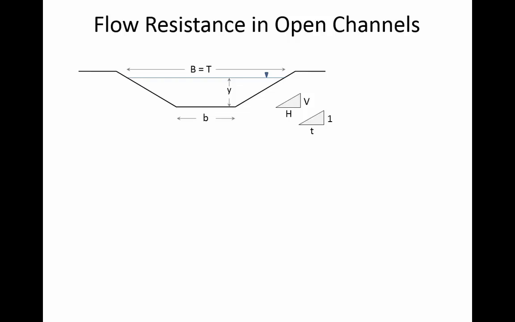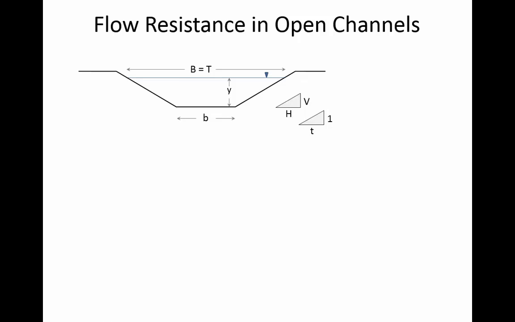On a trapezoidal channel, it's a little bit more tricky because, as you can see there, we've got these side slopes. And the way that we define the side slopes is there's some horizontal component to the slope and a vertical component to the slope. And so in the textbook, what they do is they say, let's make that a ratio where the vertical component of the slope is 1, and then t tells you what the horizontal component is.